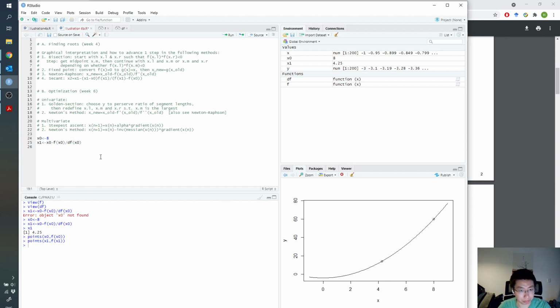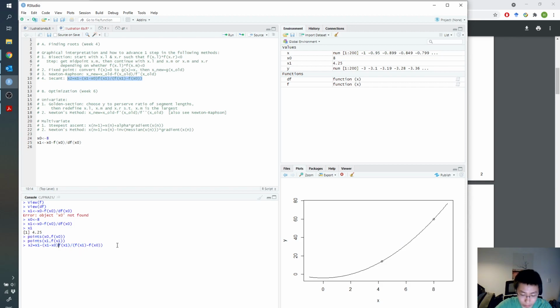Now let's pretend that we didn't have this df function. If I wanted to find a root, I could also use the secant method. In that case, my x2 is simply going to be whatever is written here. Right? So I could actually just do this because I have x1 and x0. So I'll pretend that this was my first point, and this was my second point.